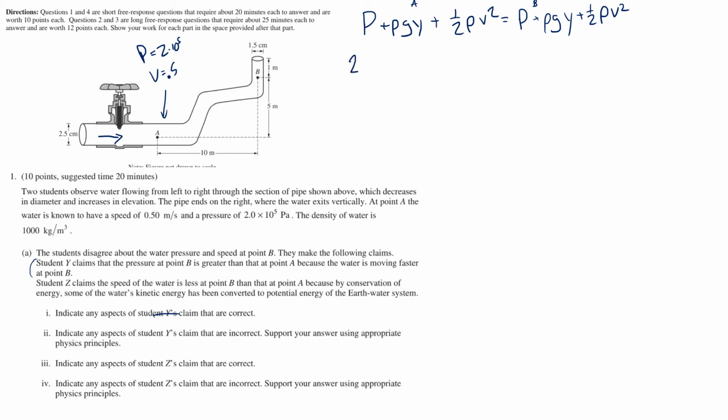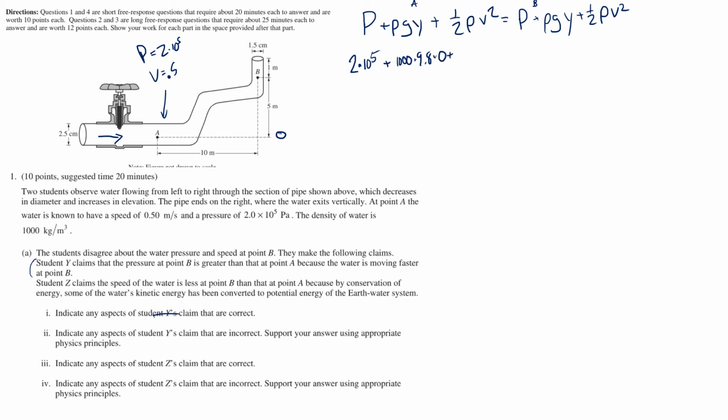So we're going to have 2 times 10 to the 5 plus rho, which is 1,000, times 9.8 times y. We'll just call this our 0 level here, so we don't need this one anymore.